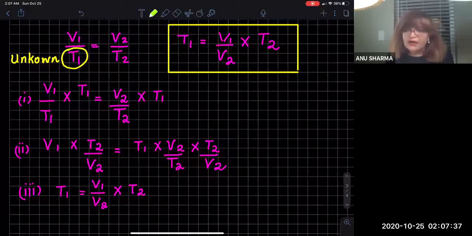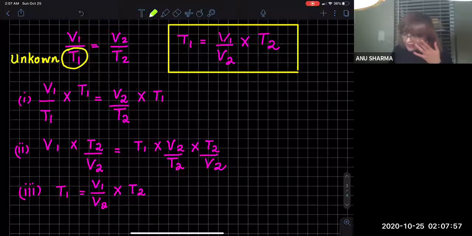Okay, so now how do we do these conversions? We write the formula V1 over T1 is equal to V2 over T2, and we identified that our unknown is in the denominator. So how do you bring all the known quantities on one side and the unknown quantity on the other side? It's an algebraic conversion, but I'm just going to walk you through the steps.